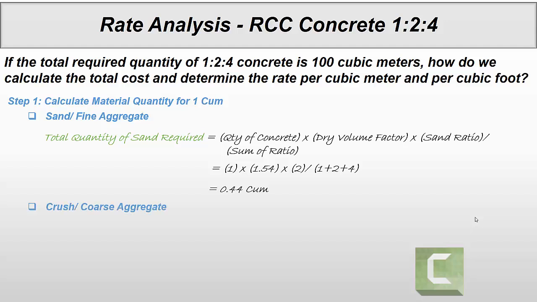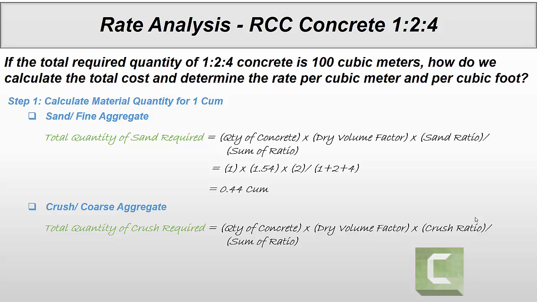Same for crush, the coarse aggregate. So for crush, quantity of concrete multiplied by dry volume factor multiplied by crush ratio divided by sum of ratio. The ratio of crush is 4 out of 7. So quantity of crush required for 1 cubic meter is 0.88 cubic meter.